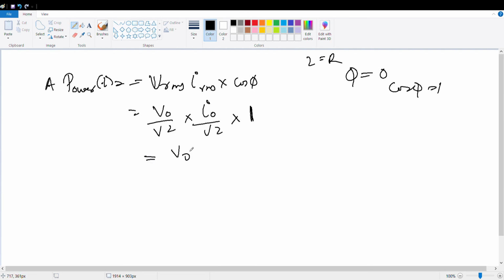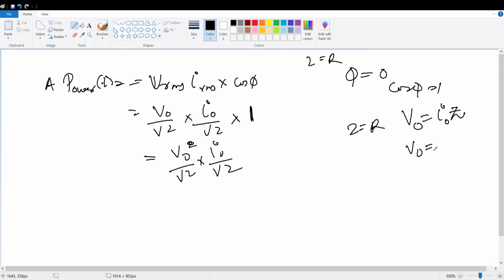So this will become V naught by root 2 into I naught by root 2. But you know that V naught equal to I naught into Z. When Z is equal to R, can I write it as normal Ohm's law?